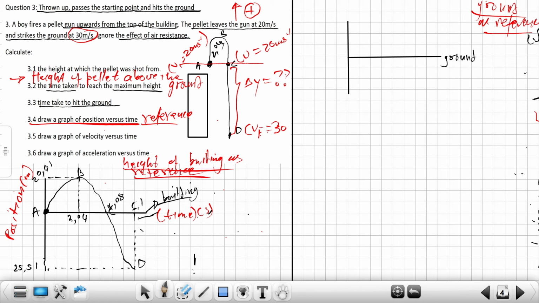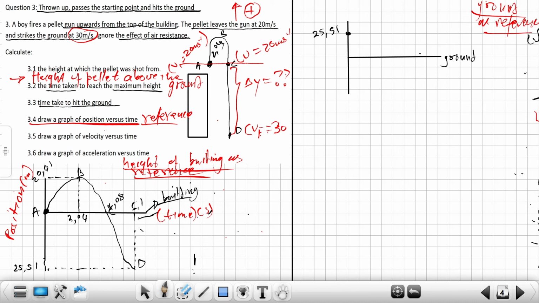So it started somewhere above the ground, and now it started at the height of 25.5. So this height here is 25.51. That's now the height of the building.